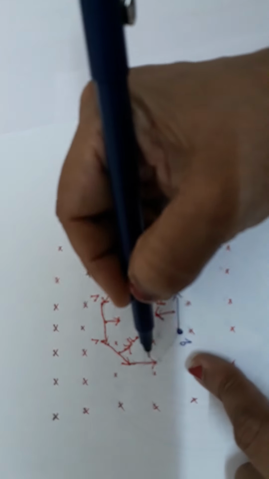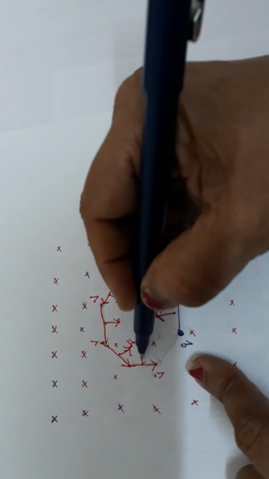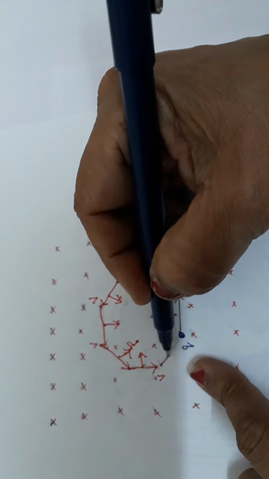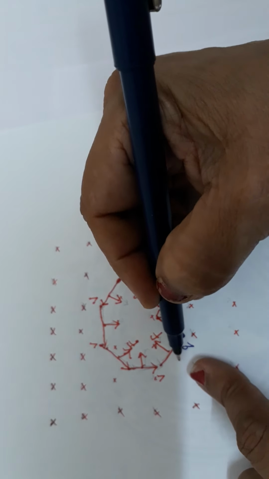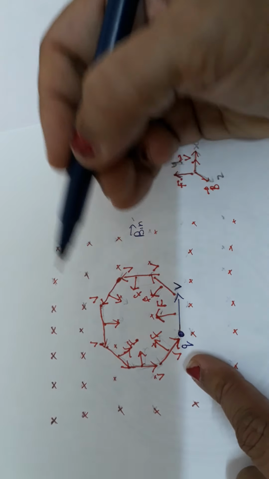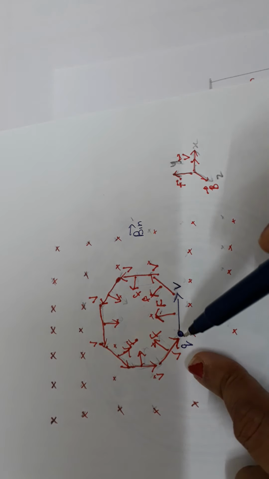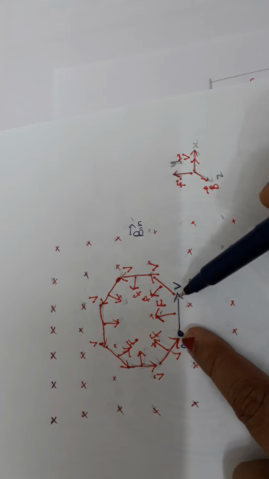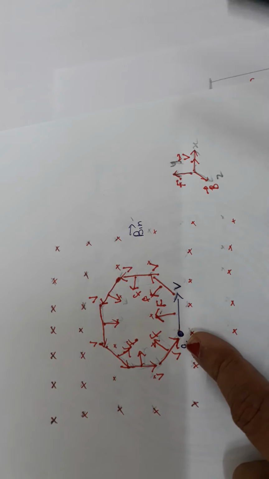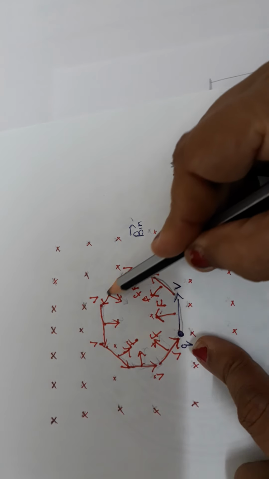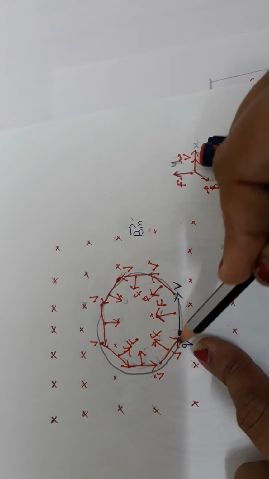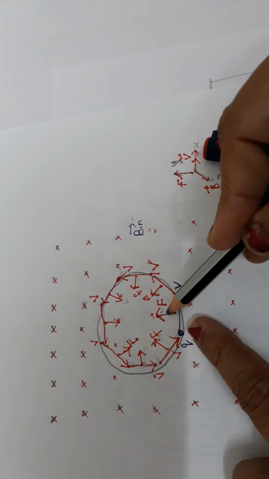See how the V direction changes. Every time V changes direction, F is acting perpendicular to V. So you can say that the charge starts to move in a circular path. This is the action of this force.